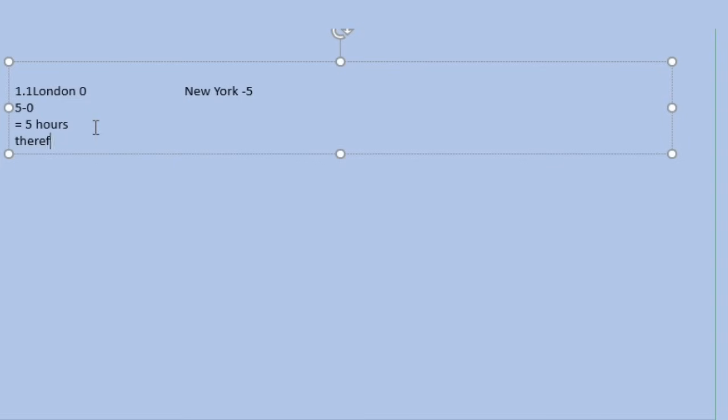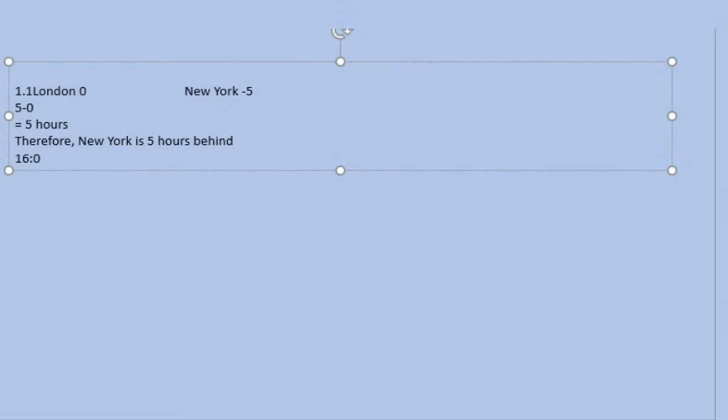Therefore, New York is 5 hours behind. We will take that 16 hours that they gave us and we subtract 5 hours because New York is behind, and we get 11 hours.